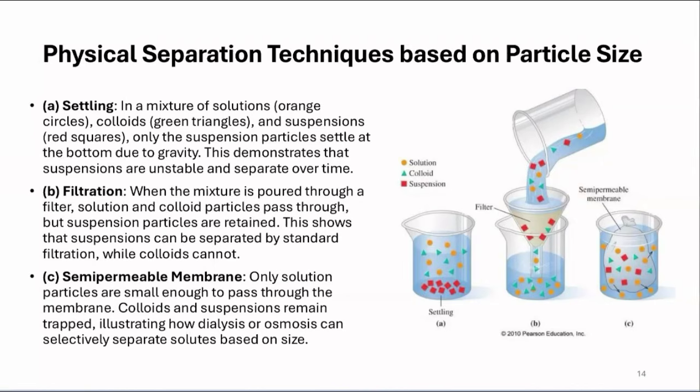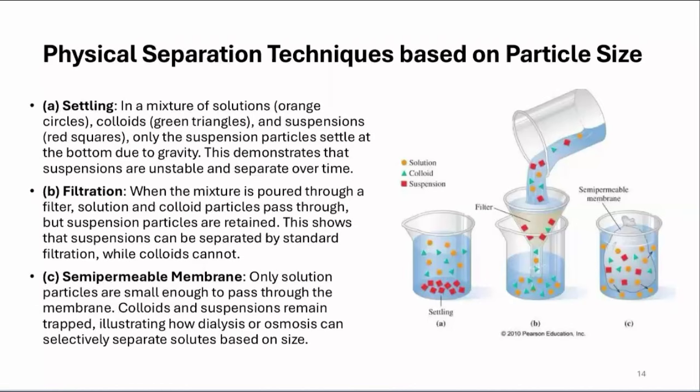The first one is settling. Settling means that there are going to be particles found at the bottom of the container. In the illustration on the right side of the slide, we have orange circles representing a solution, green triangles representing a colloid, and red squares representing a suspension.